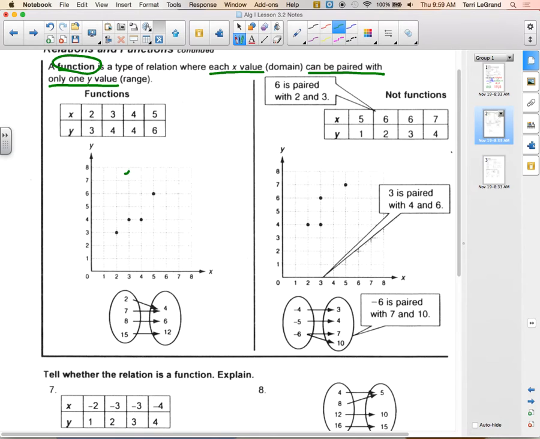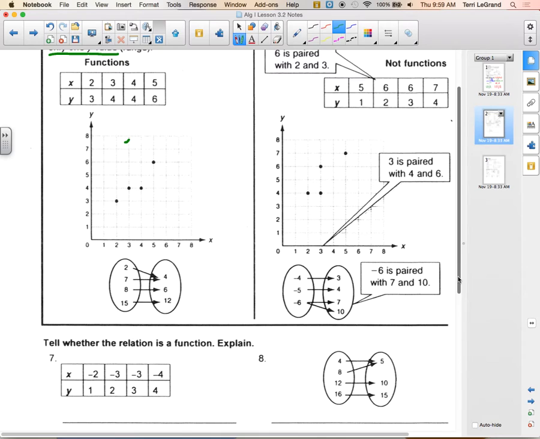This is probably one of the more challenging things students just can't wrap their heads around. How do you decide if it's a function or not? So let's look at our graph here where they show this one is a function. There are 4 points in that relation, and they say it is a function because each x value only has one y value.